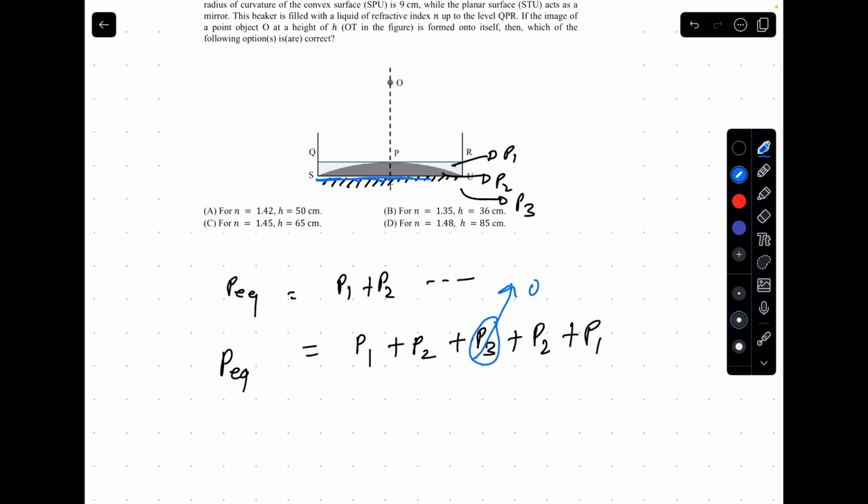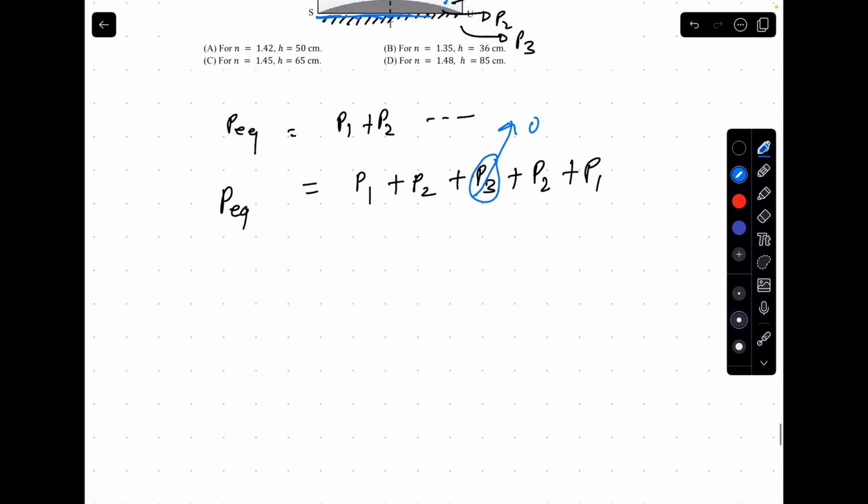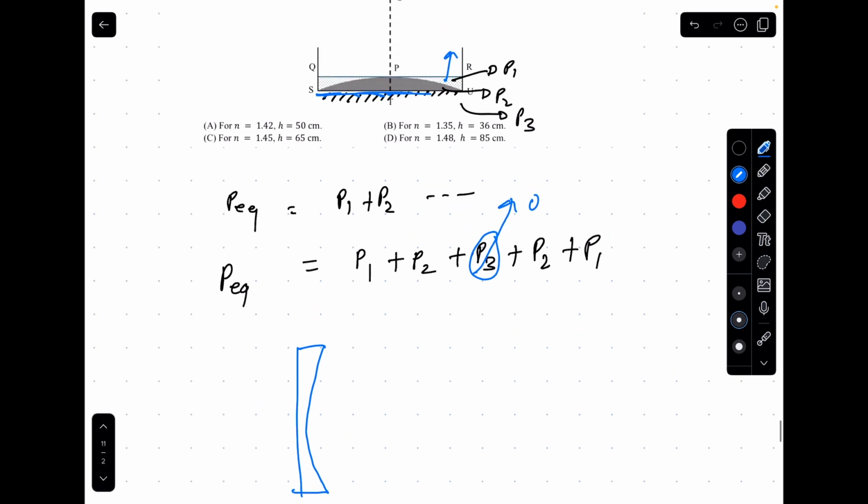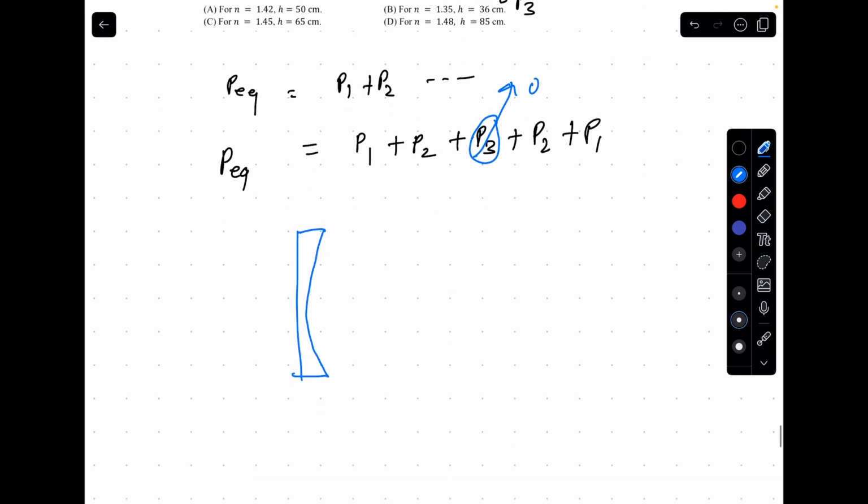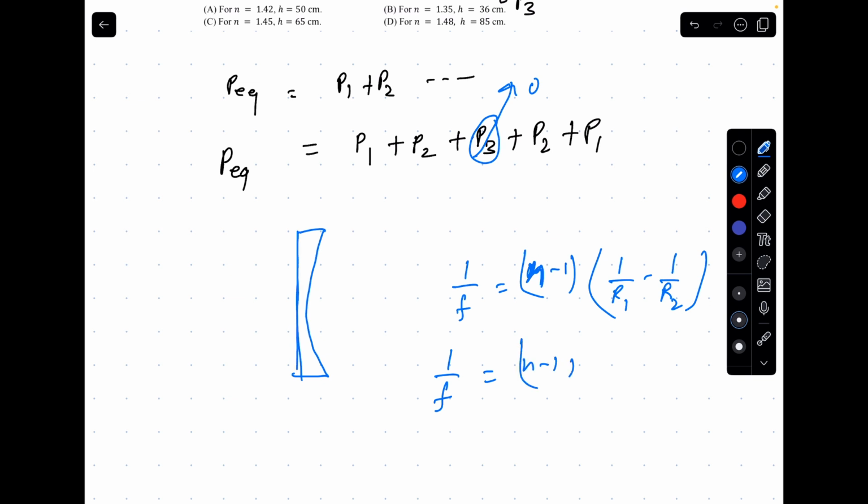Now let's suppose the refractive index for this one is N. So we have this first lens like this. It will be a kind of lens, right? Let's find out the P for that. So we know 1 by F is mu minus 1 or N minus 1. Let's write down N minus 1, 1 by R1 minus 1 by R2. So 1 by F is this N minus 1, as the rays are coming from the air.